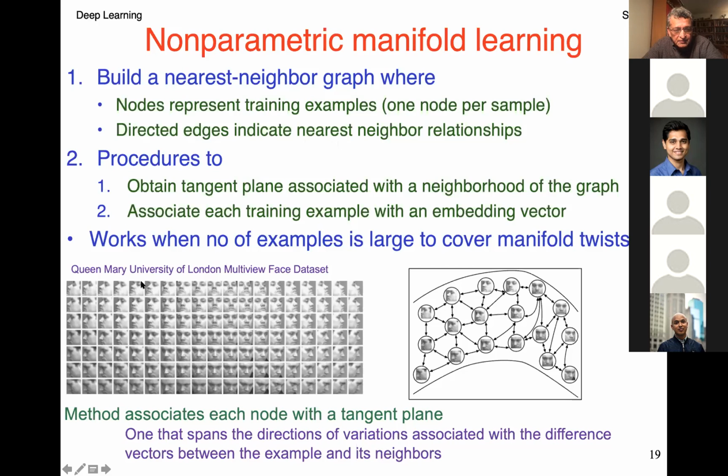So let's say there is one of the famous data sets. It's called the Queen Mary University of London multi-view face data set. This face is going from looking left all the way to the front and looking right, and looking up to looking all the way down, and again looking down to the left to looking down to the right. So this is a data set of a person's face.